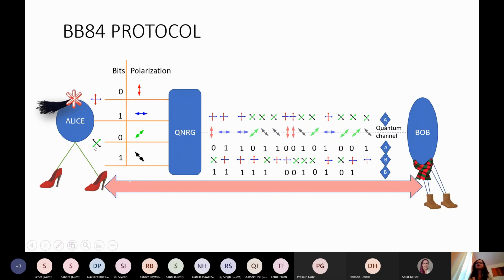And if the basis was the diagonal basis, then 0 corresponds to the diagonal and 1 corresponds to the antidiagonal polarization. And this is how you encode information into photons. You encode the information into their polarization states.